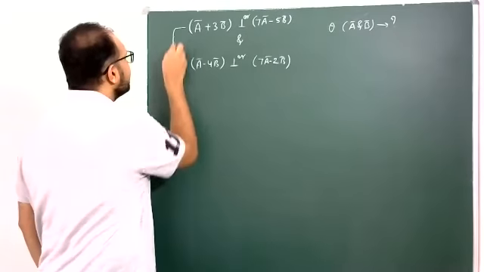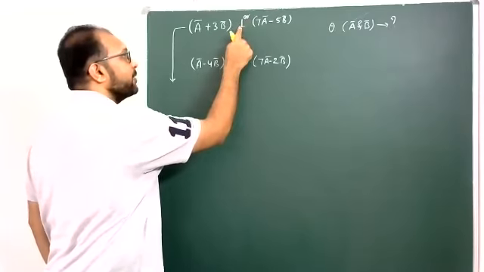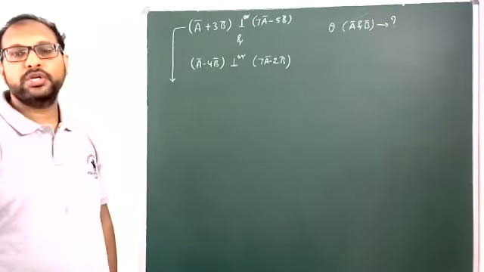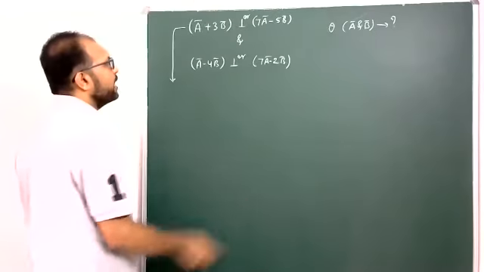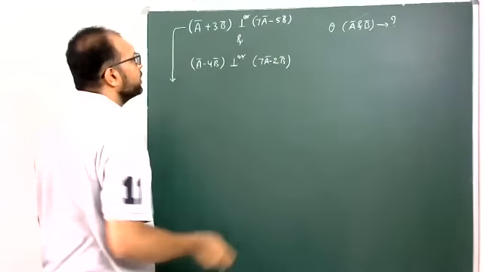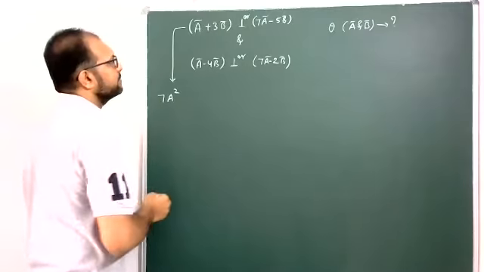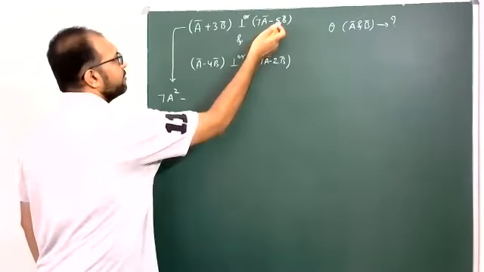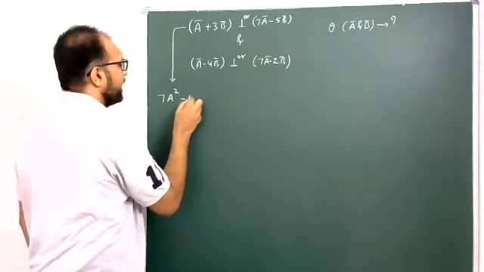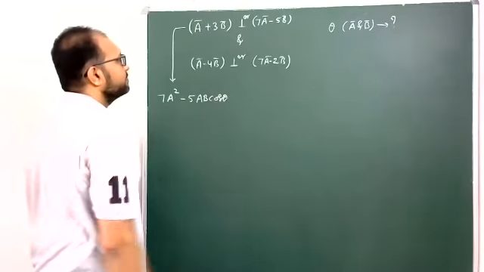Yes, from the first condition, the dot product of A bar plus 3B bar with 7A bar minus 5B bar is 0, because they are already perpendicular. So I am writing this vector dot this vector equal to 0 directly. 7A square first term, minus 5 A bar dot B bar, which means minus 5AB cos theta.